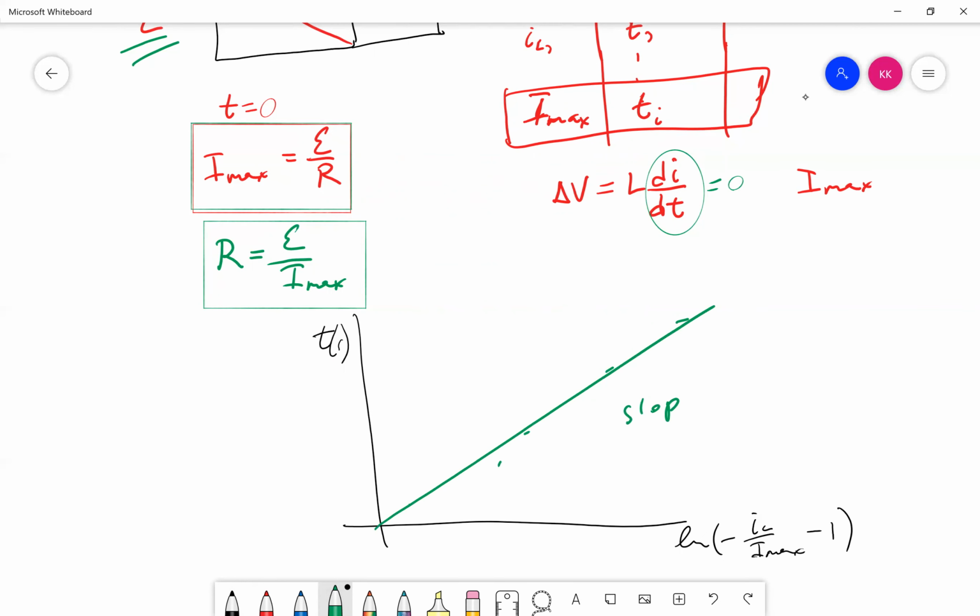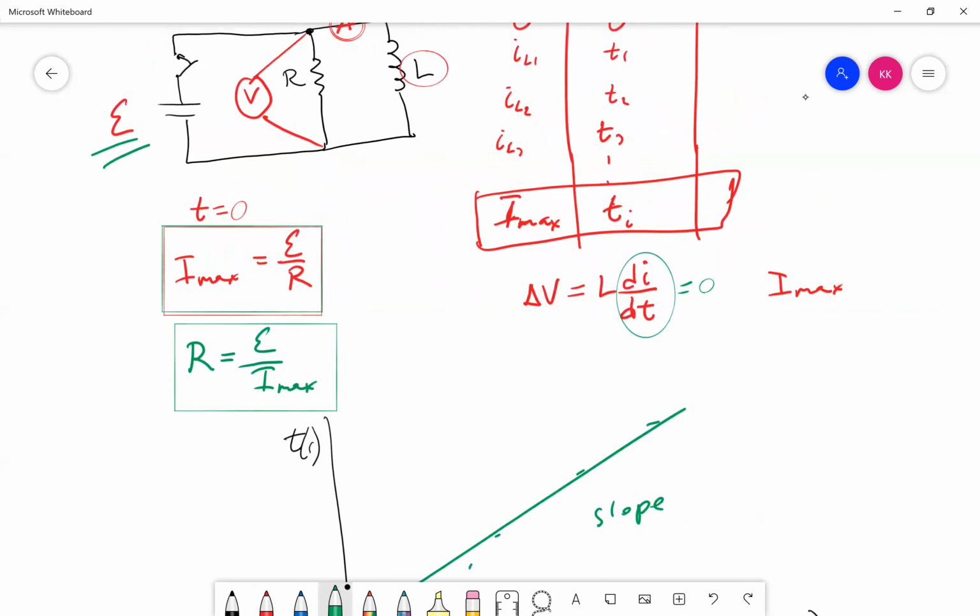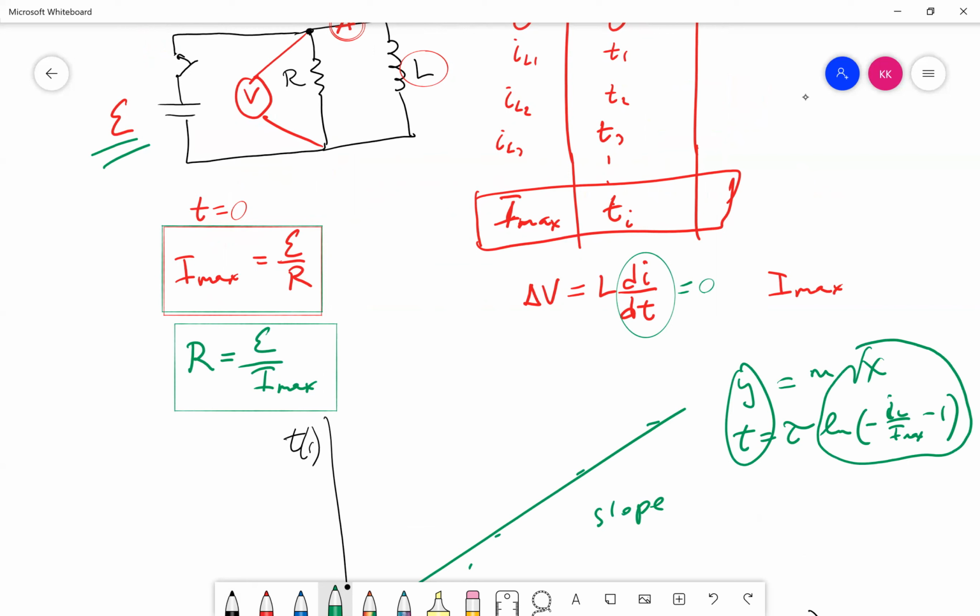And then the slope of that, according to this equation, where time equals tau times ln of negative IL over I max minus 1, if I'm plotting y equals mx, where time is the y-axis, then ln of that whole thing is the x-axis. That means my slope is equal to the time constant.